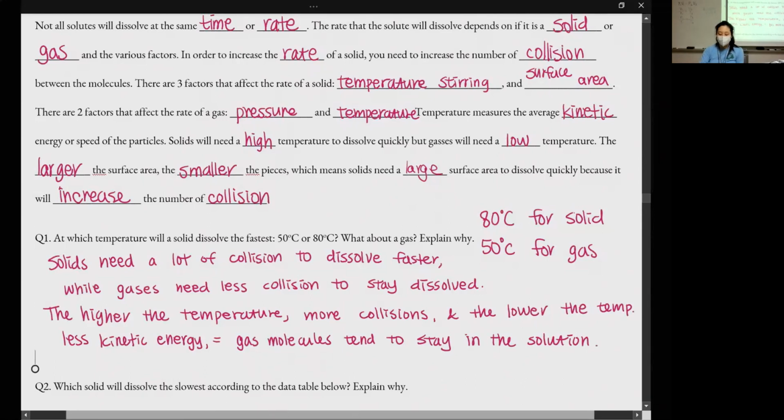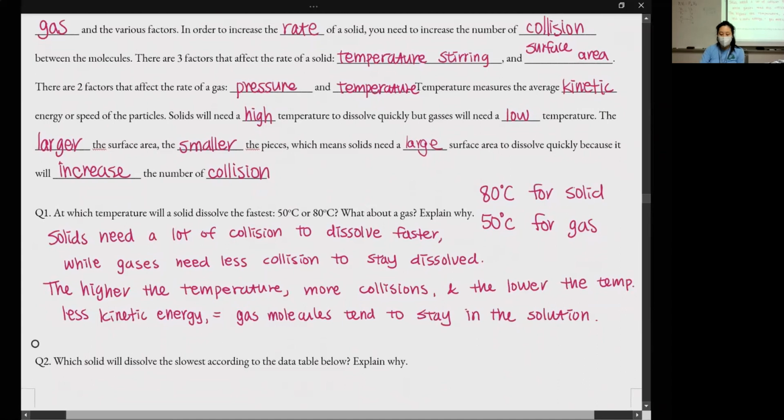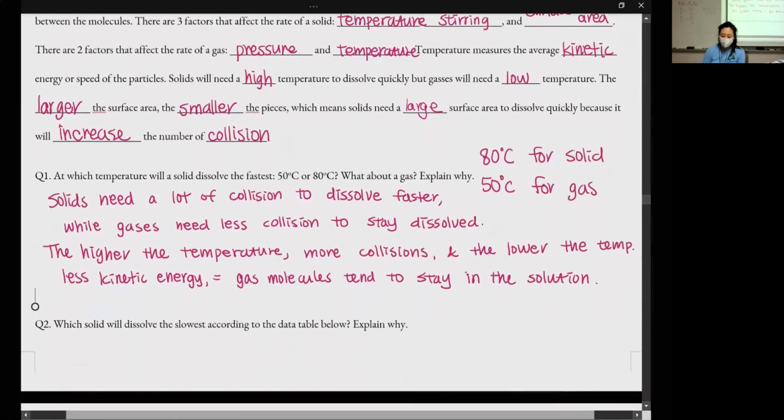Okay. That's the reason, but you can copy it.